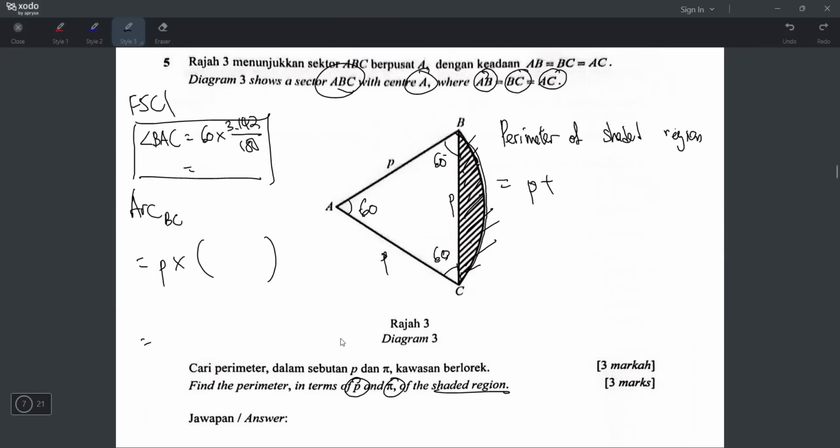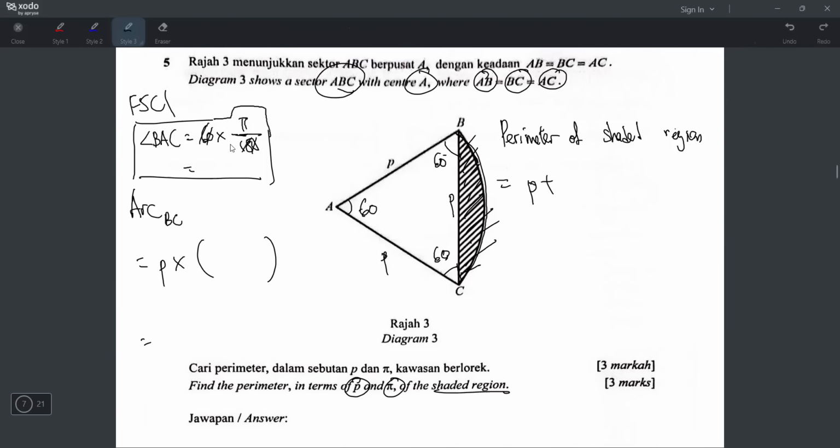Do you remember they say they want it in terms of pi? So do you think it's a good idea to press the pi? No, right? Because if you want the answer to have P and pi, that means you will not find the value of P and pi. Instead, you will leave it like that so that your answer later has P and pi. So I'll just press 60 divided by 180.